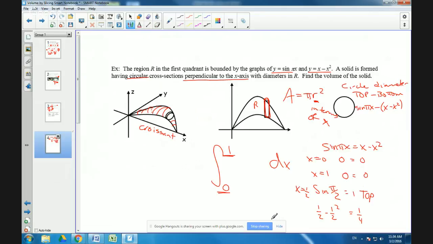So what is our circle radius to plug in here? 1/2 of that expression. Divide by 2.